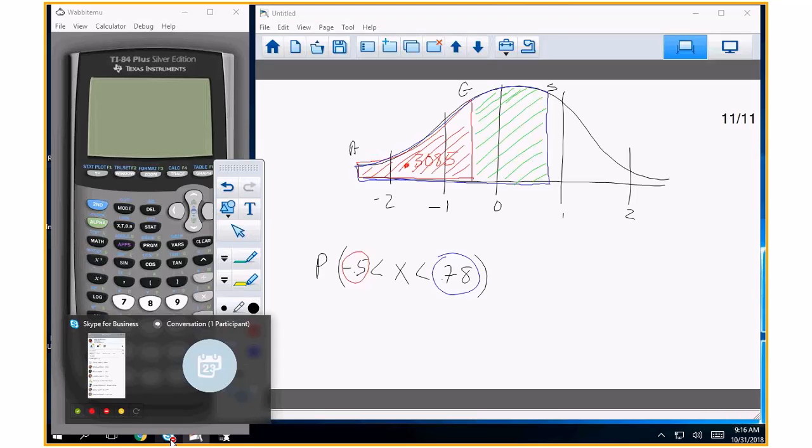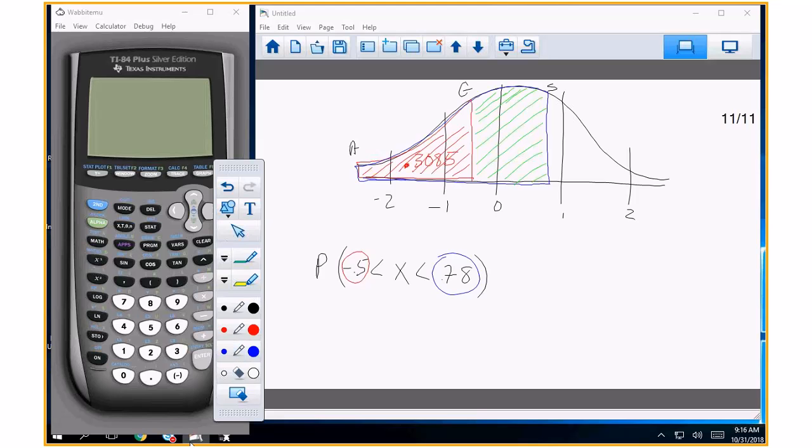All right, so the blue. Now I'm going to write the blue. Somebody give me 0.78 with the table. 0.7823.